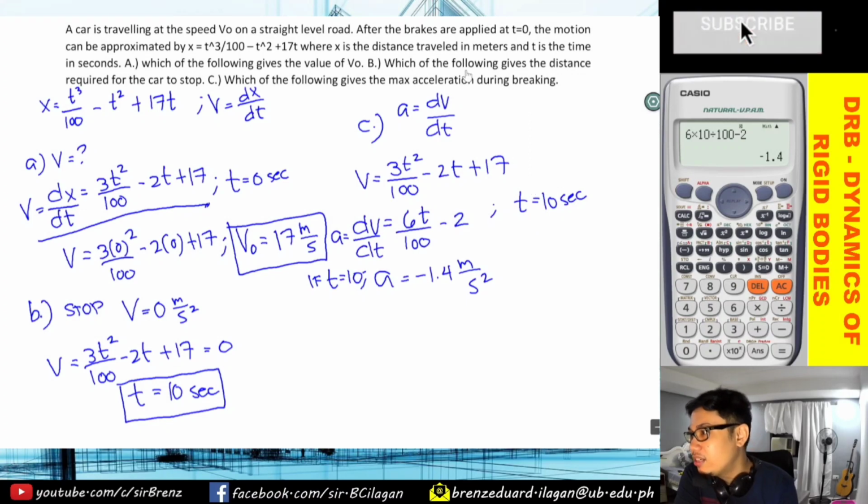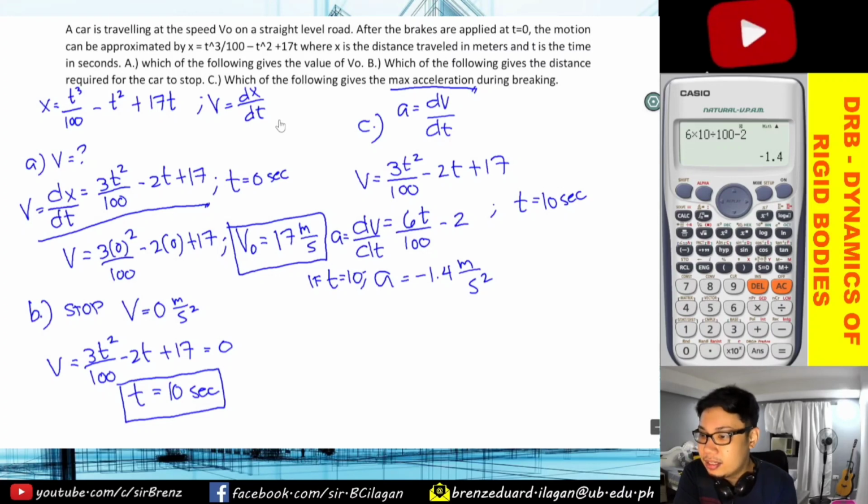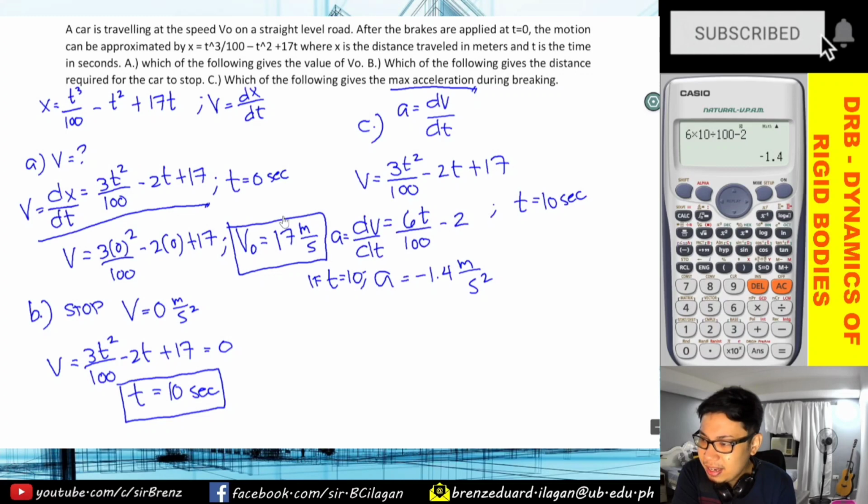Itong acceleration kasi, yung maximum na yan, pwede kasing deceleration yan. Hindi naman naka-emphasize dyan kung positive or negative. Pero ito is during yung time mo is 10 seconds. So maaaring yung maximum acceleration or deceleration happened nung time is equals to 0.